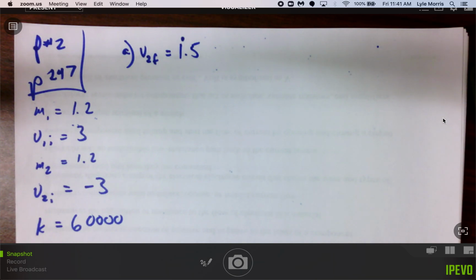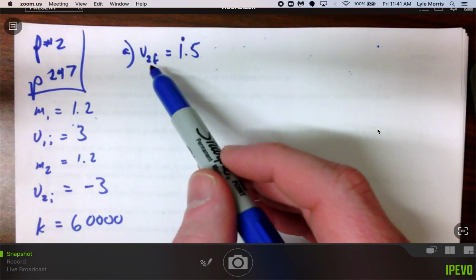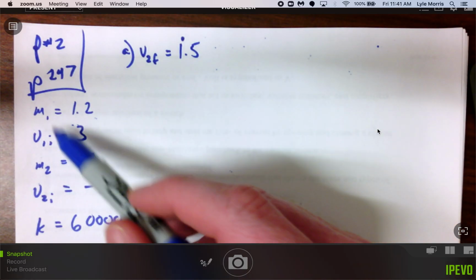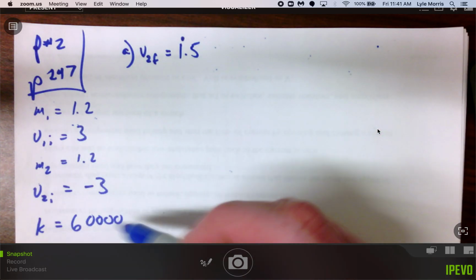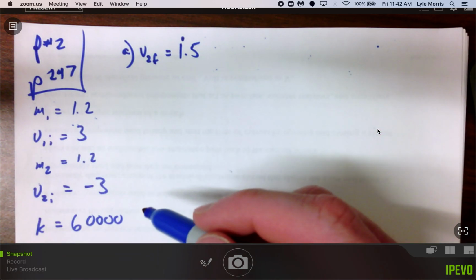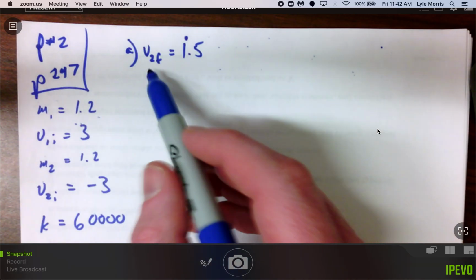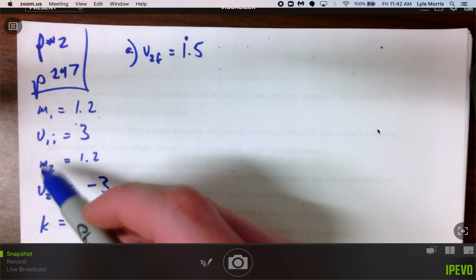But the 1/2 m1 v squared plus 1/2 m2 v squared, etc. We'd have two unknowns because we don't know how fast the first ball, or glider, whatever it is, is going. Plus, we don't know how much the spring is compressed. And that's what it wants us to find, the spring compression. So what we need to find first is the final velocity of the first object.